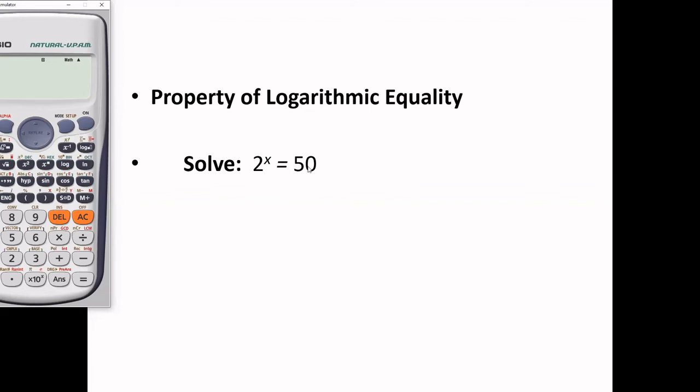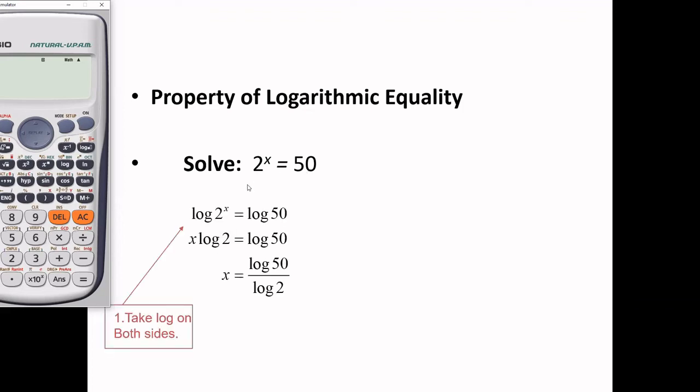Now, 50 is not a power of 2. 50 is 2 times 25. So let's look what we did. We put a log on both sides of this. 2 to the x becomes log of 2 to the x. And this becomes log 50.